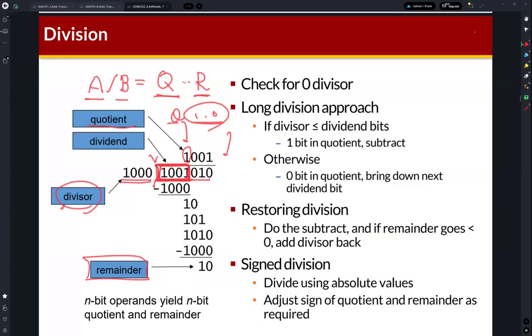So in order to perform the division between this dividend and divisor, we can just compare. If the dividend part, this 4-bit part, is larger than the divisor, then the quotient bit is 1.